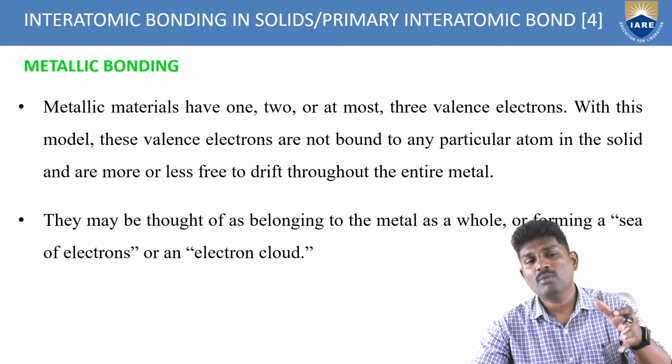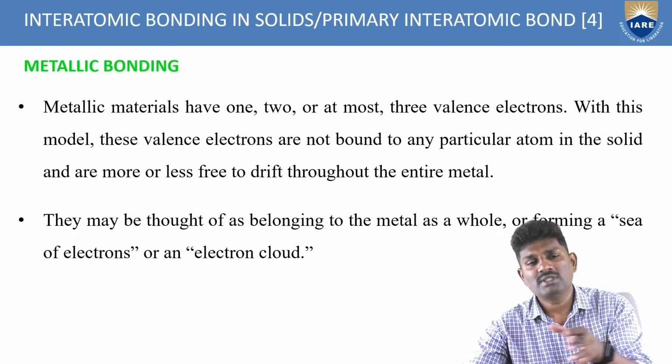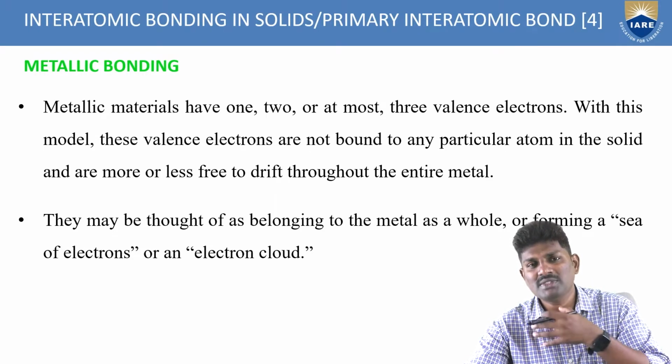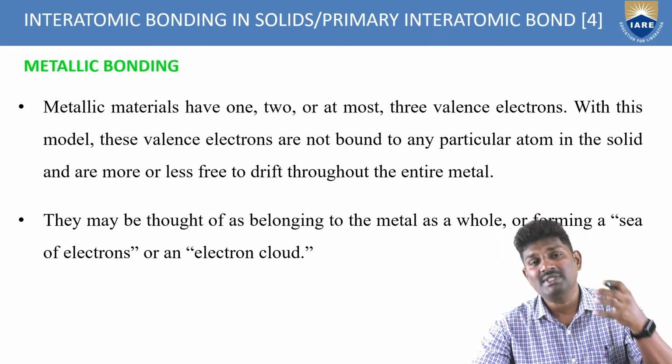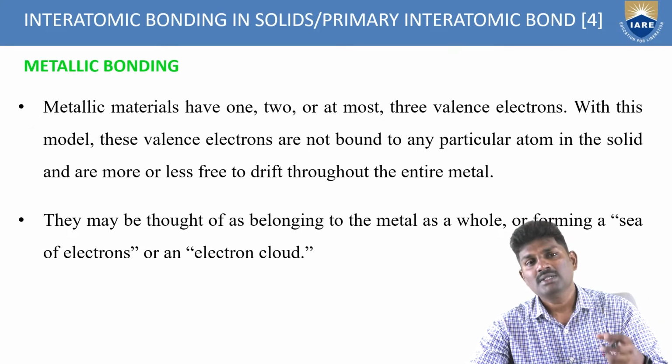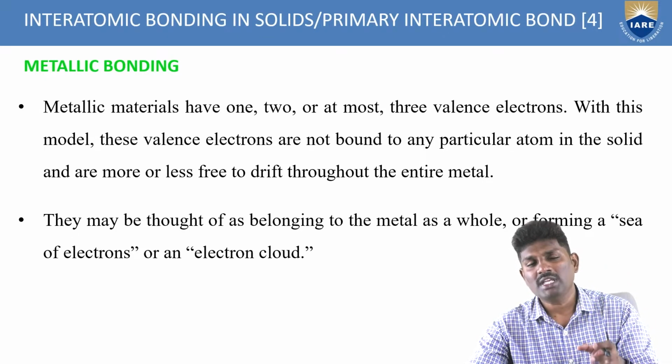That's why most household things and things we use in daily needs are made up of metals only. Because of the ductile nature of metals, we use them, and you can find metallic bonding in most metals as well as metal alloys.